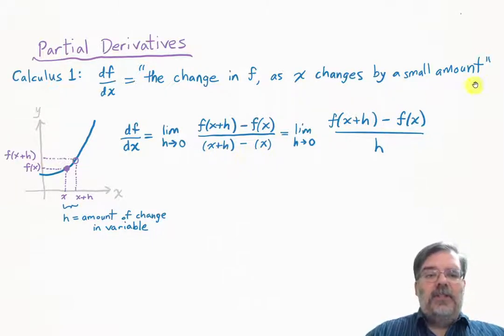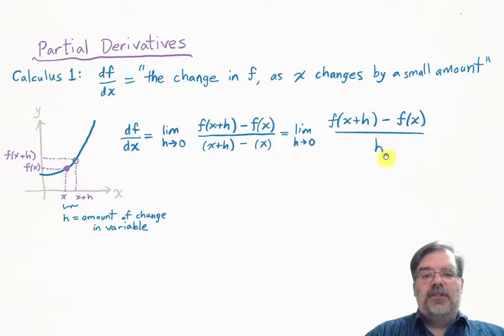And we want that change to be small, so small it's infinitesimal, as they say in calculus. And for that reason, we take the limit as h goes to 0. Now this expression you can simplify in one key way. You have an x minus x, so in the denominator those cancel, leaving you with just the factor of h in the denominator.